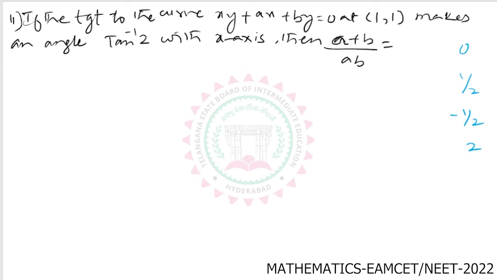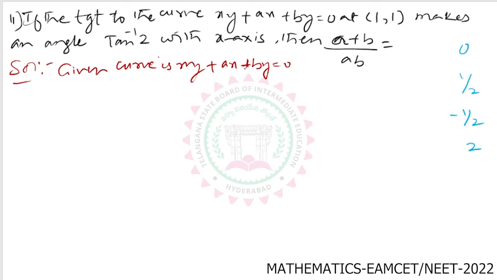Now write down the solution. The given equation or given curve is xy plus ax plus by is equal to 0. If I differentiate this with respect to x, what am I getting? x into dy by dx plus a plus b into dy by dx is equal to 0.